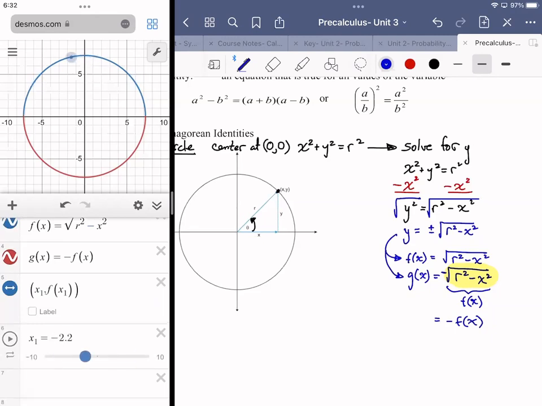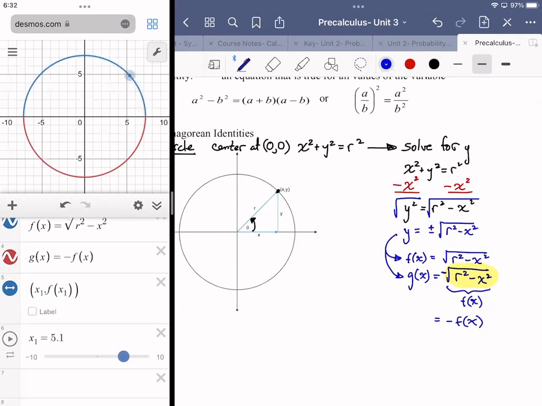Now any point that I decide on will have a corresponding y value that must follow the function f of x, and therefore it has to live on this curve, but it's only going to give me the top half. So I do the same thing with the g of x function.